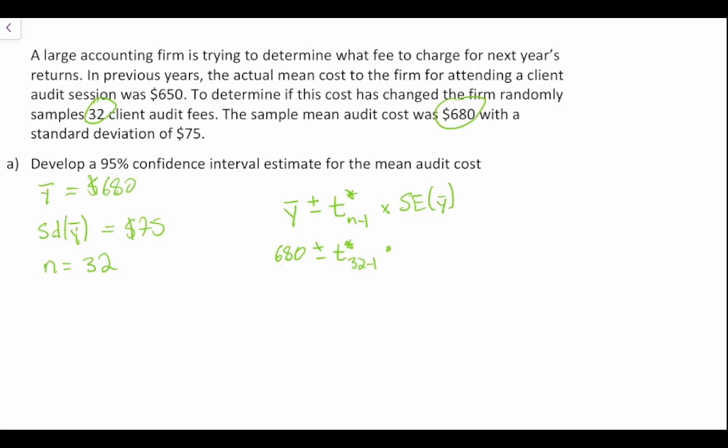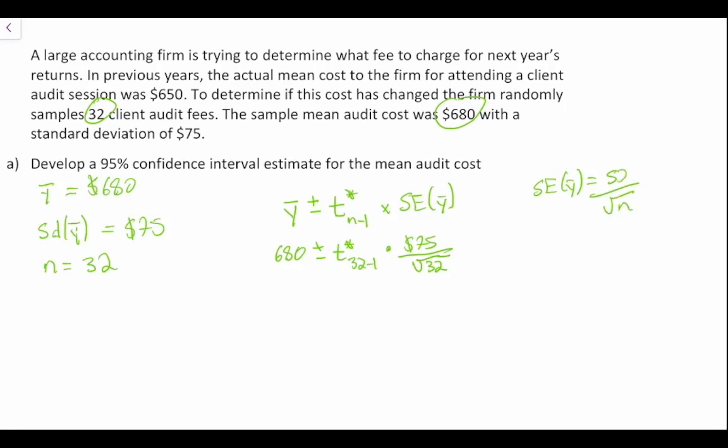And of course, our standard error is equal to our sample standard deviation, so 75 divided by the square root of our sample size, which is 32, right? SE Y bar is equal to the sample standard deviation divided by the square root of n.